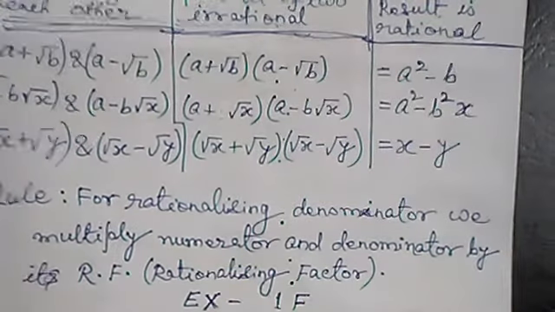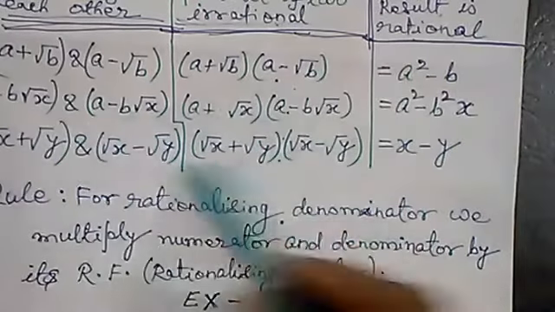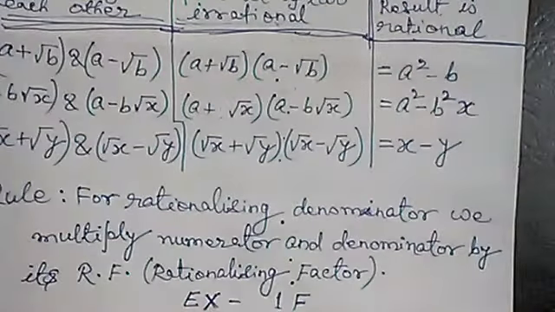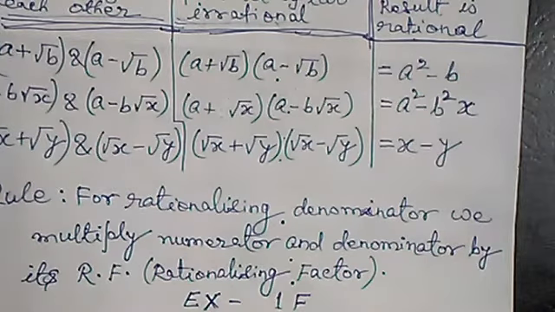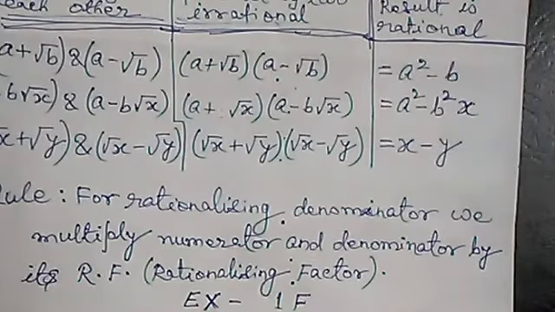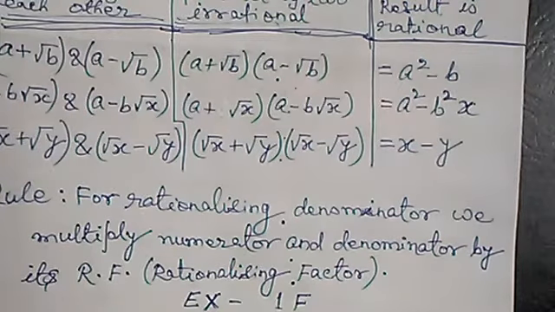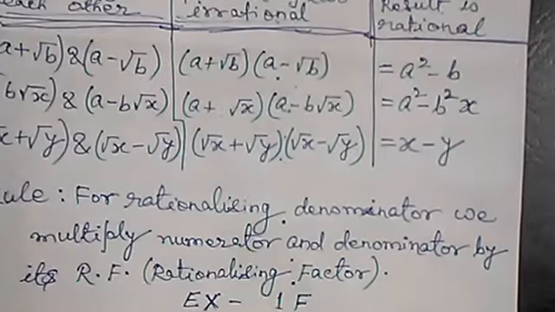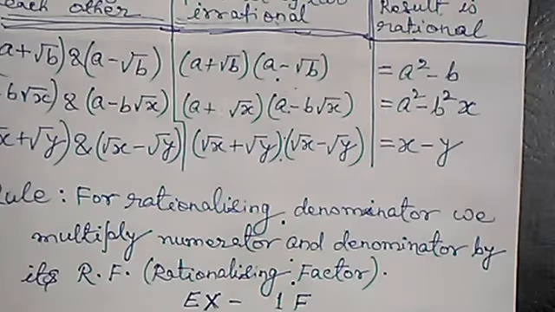Normally the RF will be of these forms, which I have already given above, but this is not a hard and fixed rule that you will always get such an expression. It also depends upon the different sums and situations. Whenever a sum comes before you, you decide what its RF should be. Normally, if there is a positive sign between the two terms, you take the negative sign, and if there is a negative sign, you take the positive sign. Normally this is the rationalizing factor.